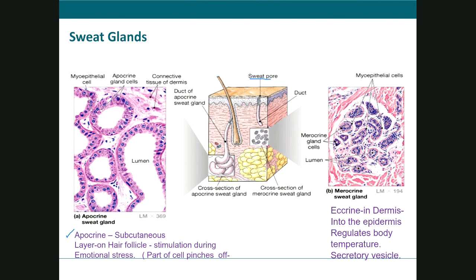So when you look at a model, if it's not connected to the hair, they're the eccrine sweat glands or the regular sweat glands. They've got the secretory vessel, provides sweat, where the apocrine glands are connected to the hair itself, and this hair is either in the genitalia or in the armpits.